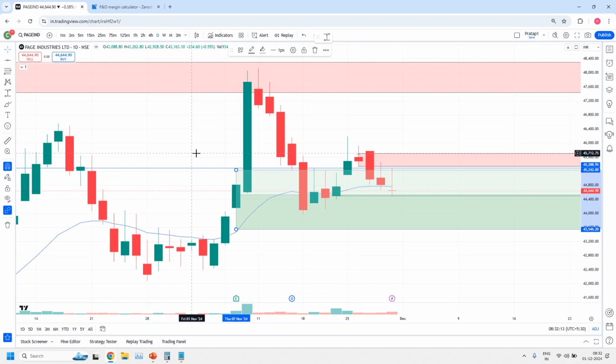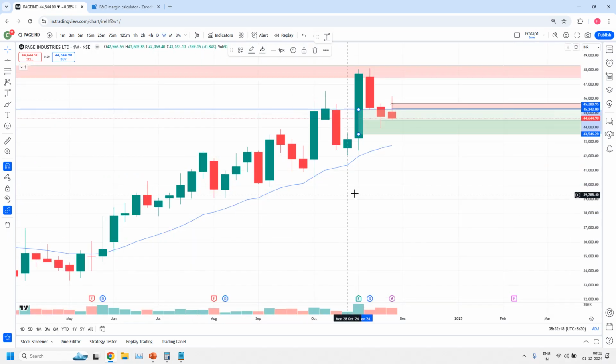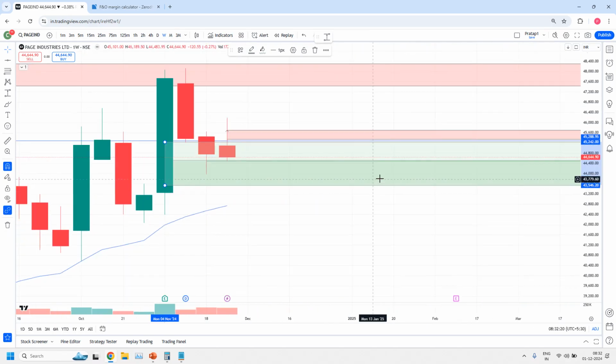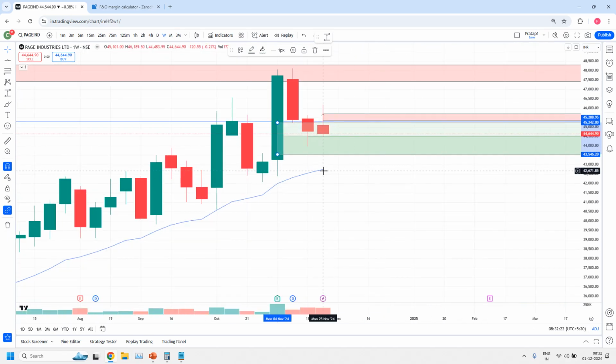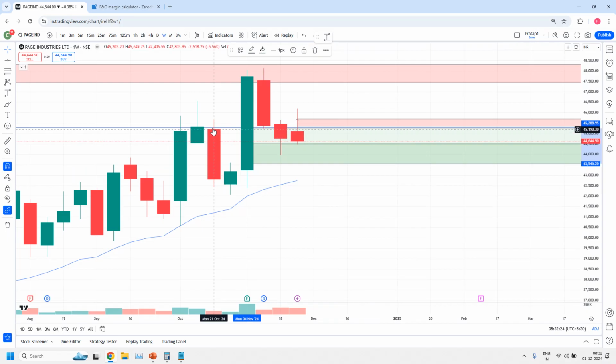Okay, now we are in the daily time frame. Now let's go to the weekly time frame. This is weekly EMA Confluence. Where is the weekly zone? We have a drop, base, rally. Draw this zone.